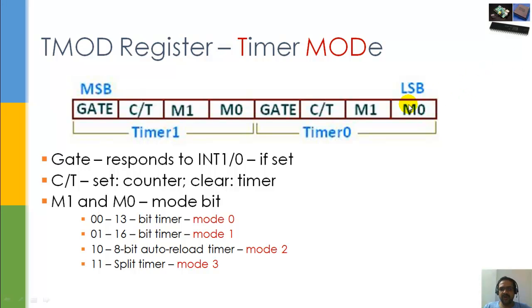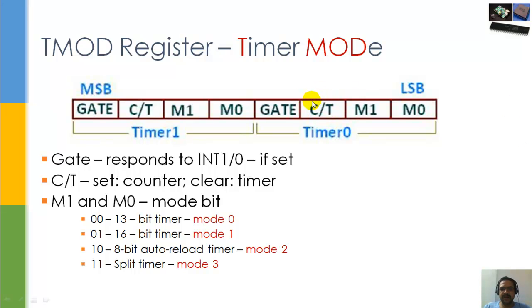Now if I write 0, 1 here, it's going to act in a 16-bit mode. That is, it can go up to 2 power 16, that is 65536. If I write 1 and 0 here, it is going to function as an 8-bit auto reload mode. If I write a 1 and a 1 in the timer mode bits, it's going to act as a split timer.